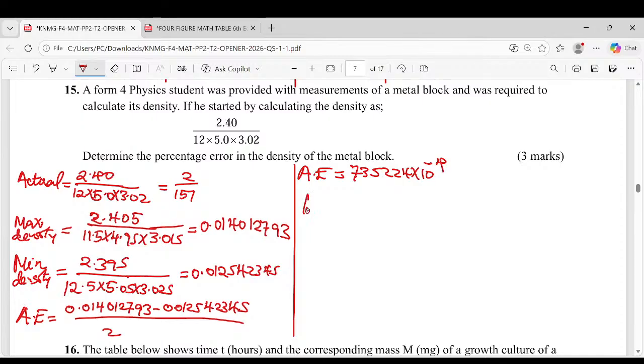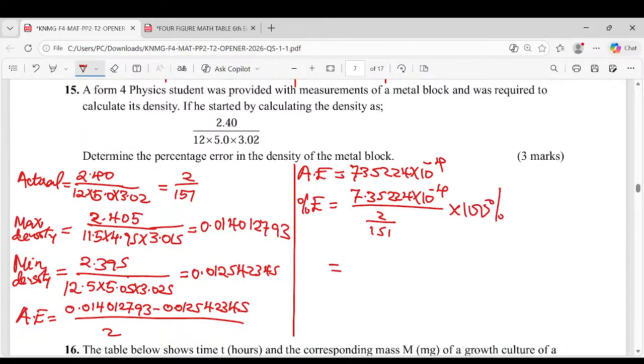Percentage error is given by absolute error, 7.35224 times 10 power negative 4, over the actual, which is 2 over 151. Now multiply this by 100%.